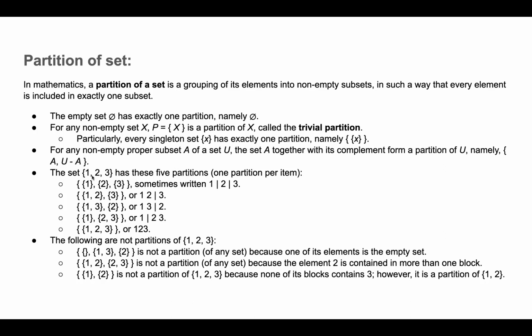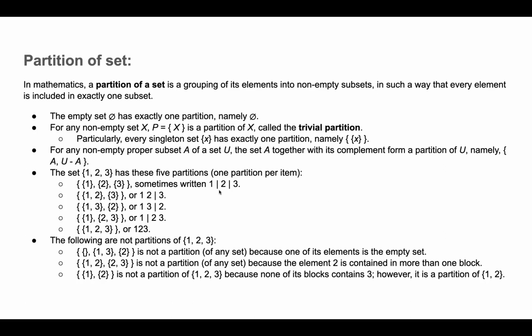Next, the set {1, 2, 3} has these 5 partitions, one partition per item. What are those? {1}, {2}, {3}, sometimes written {1}, {2}, and {3}.